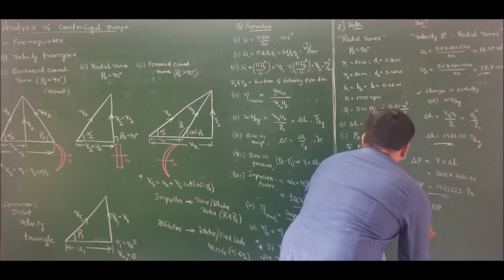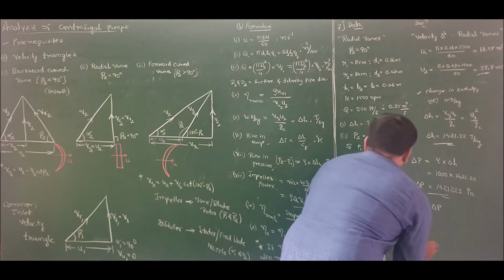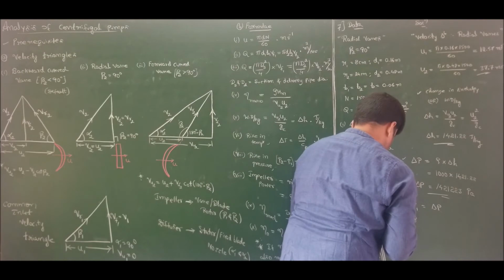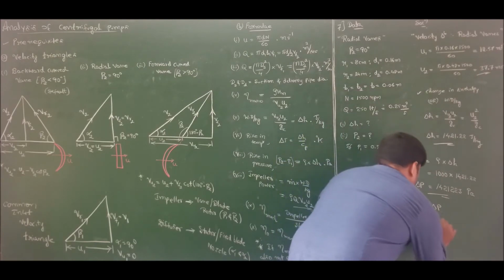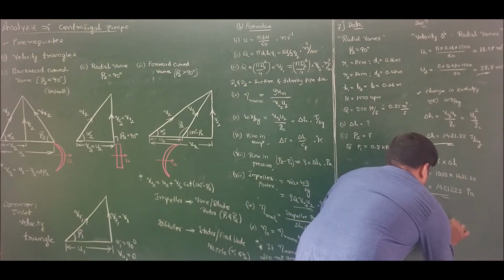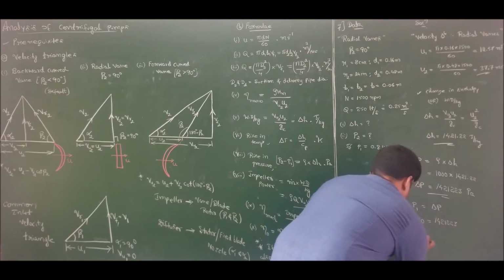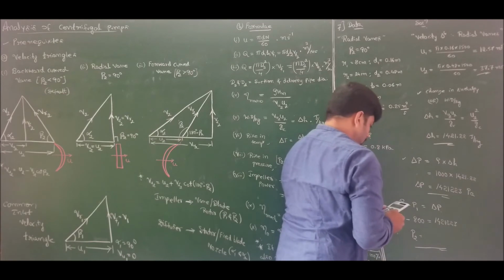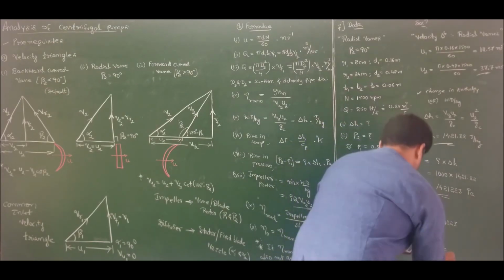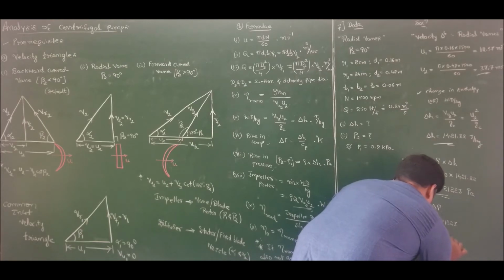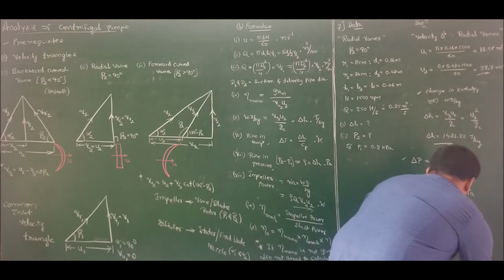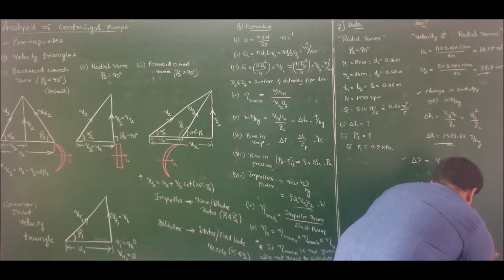P1 is 0.8 kPa, which is nothing but 0.8 into 1000, which is 800 pascals. So P2 will be equal to 1422.023 pascals, which is equal to 1422 kilopascals.